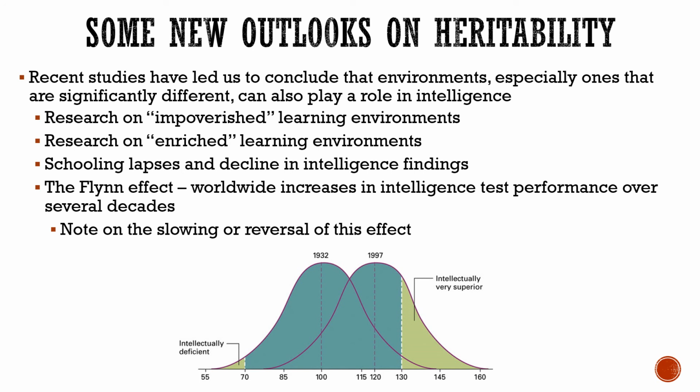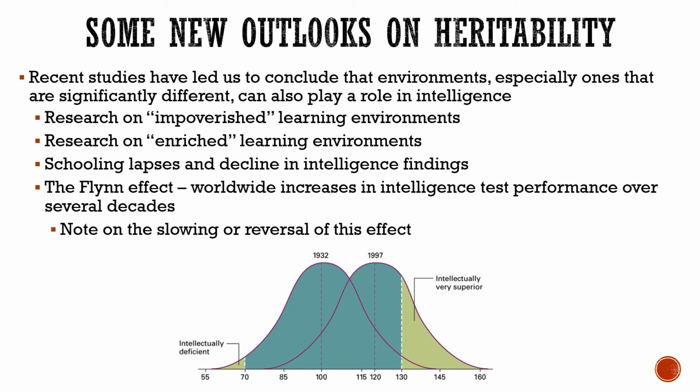And most of the research that has focused on intelligence and how environments can impact it have focused on negative shifts that can occur. Numerous studies have shown that groups of individuals that are in what we call mentally impoverished environments, where they're not getting much stimulation, they're not getting much activity, tend to show marked decreases in their abilities to perform well on intelligence tests.